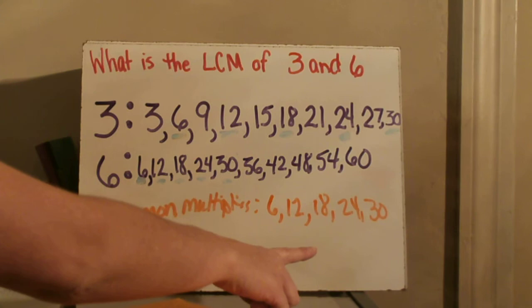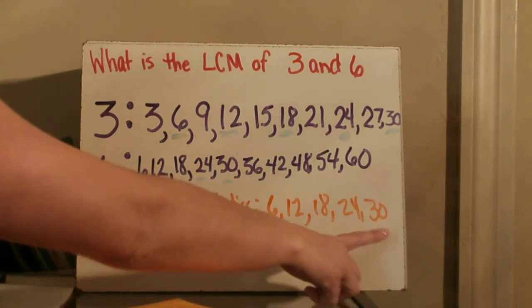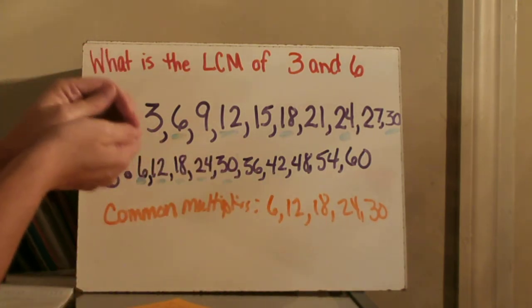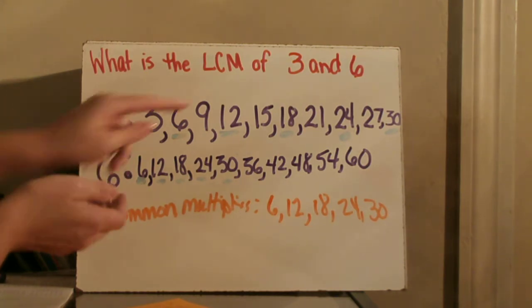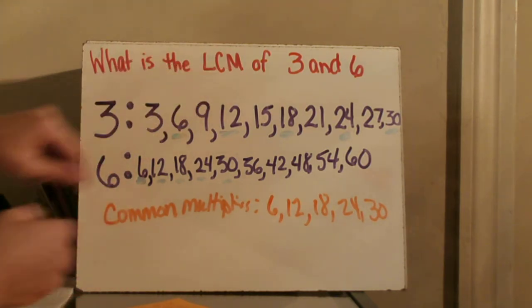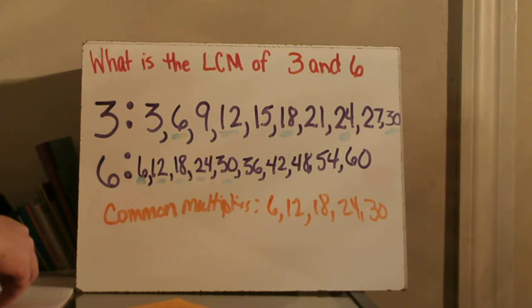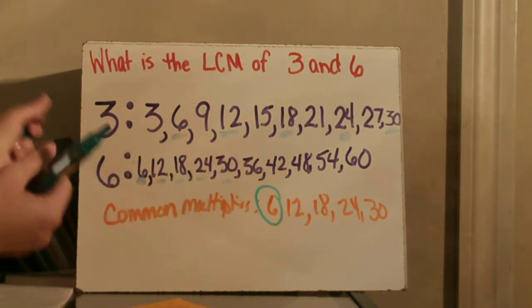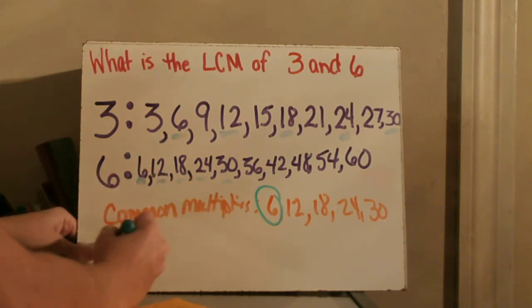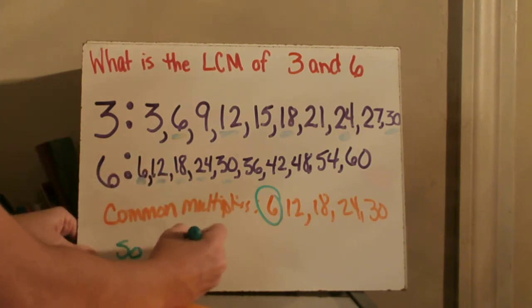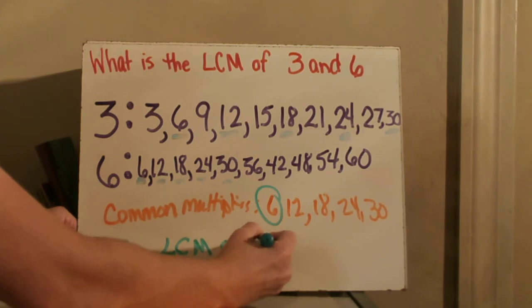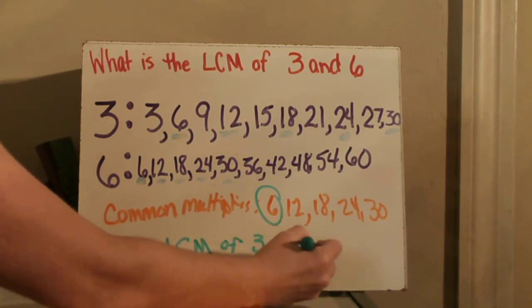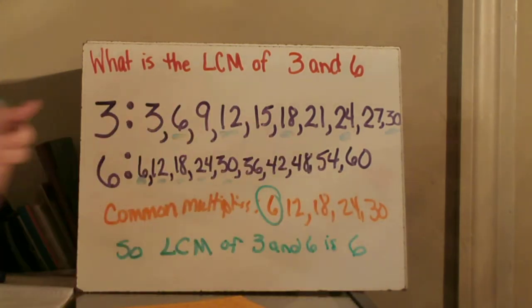Of 6, 12, 18, 24, and 30, 6 is the smallest number. So the lowest common multiple of 3 and 6 is 6.